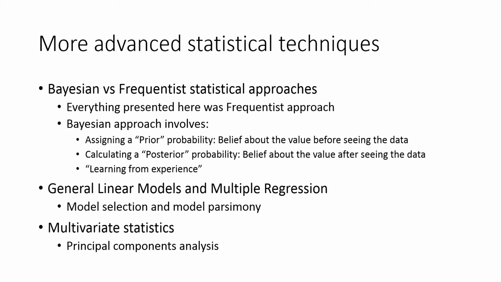And so the ideal of parsimony is trying to select the model that best explains your data but has the least number of parameters. There are things like Akaike's information criterion. You'll often see it as AIC in some of the literature that you'll read.